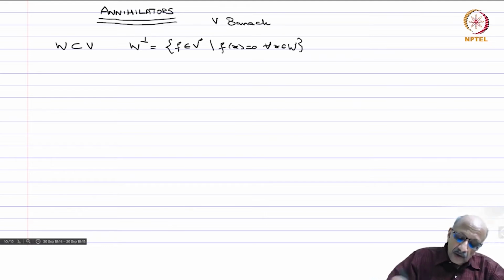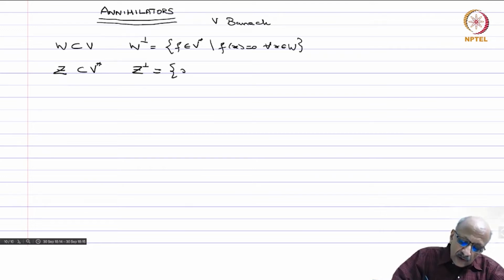Similarly, if you have Z contained in V star, we can define the annihilator Z perp. I am not going to use the same definition and go to V double star. Instead, this is the dual relationship.